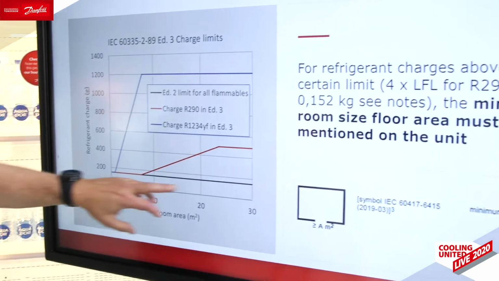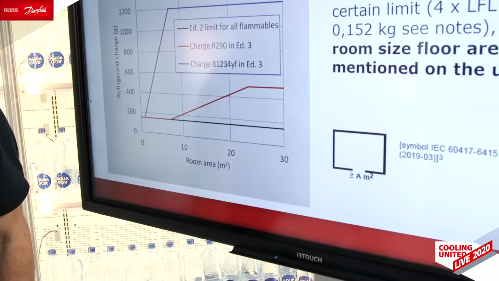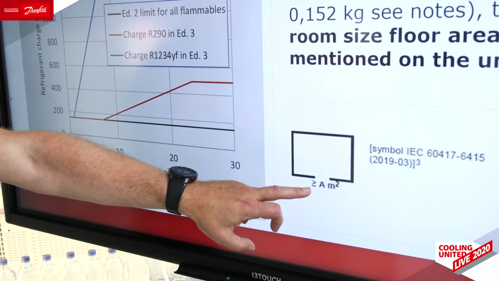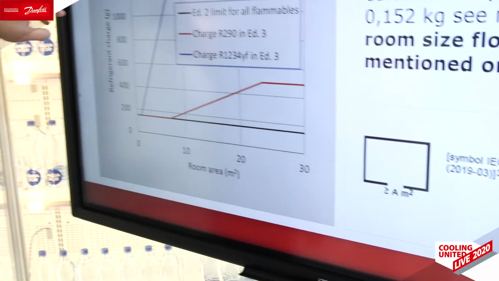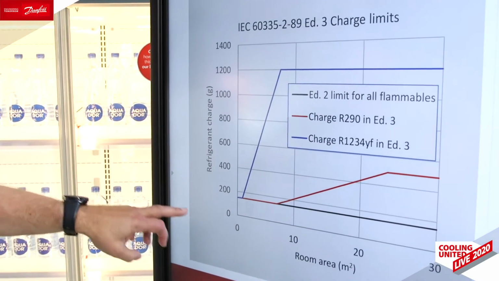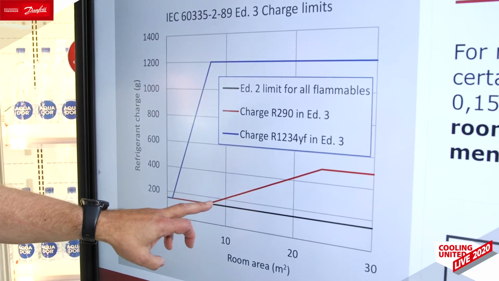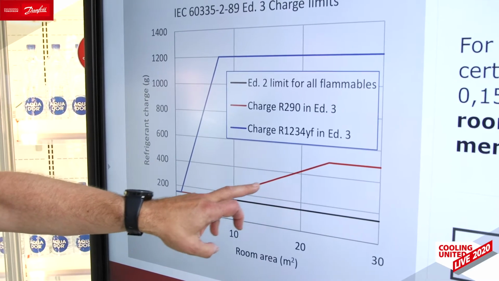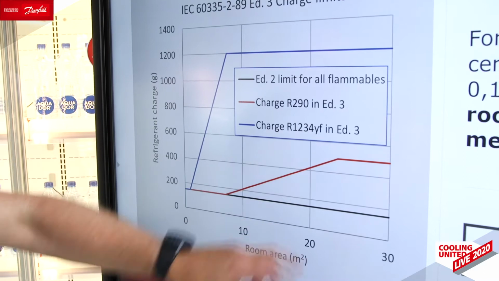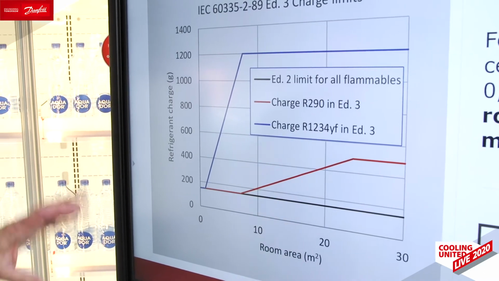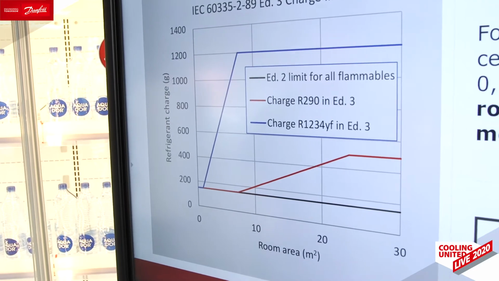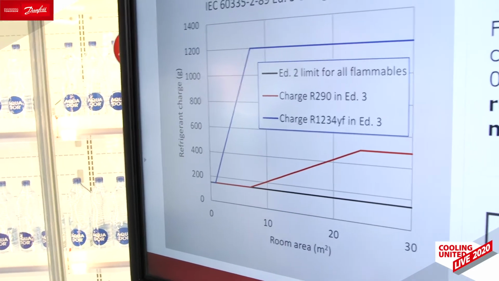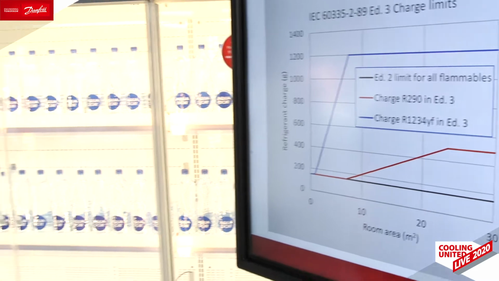You have to put, for example, such a symbol on the cabinet where you state the room area you need. And you can see in this diagram that above 150 grams, the demand for the room area increases up to approximately 24 square meters. That's the minimum needed room area if you go for propane, but that should not be a problem in standard supermarkets or discounter stores.